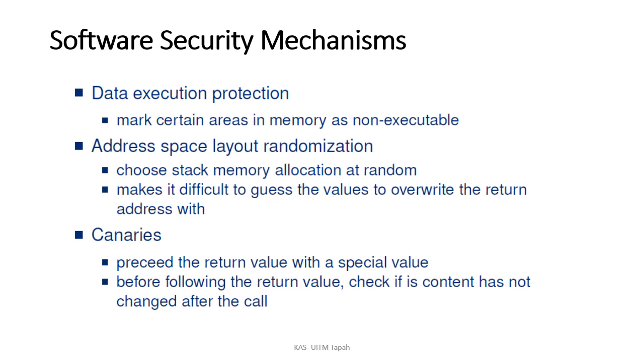Okay, so these categories are software security mechanisms to overcome the buffer overflow. So it actually writes a special value next to the return value, and before following the return value, we check that its content has not changed after the call.